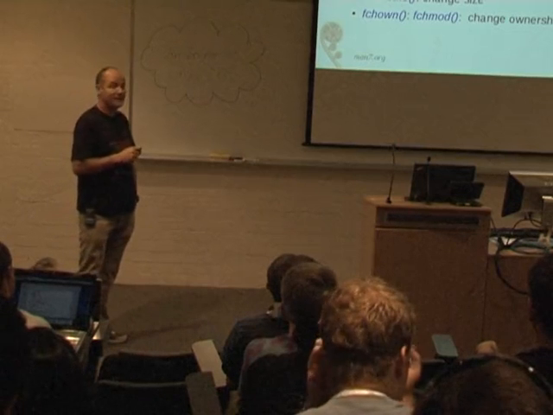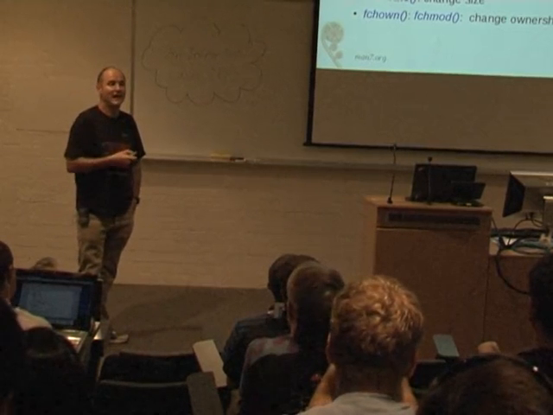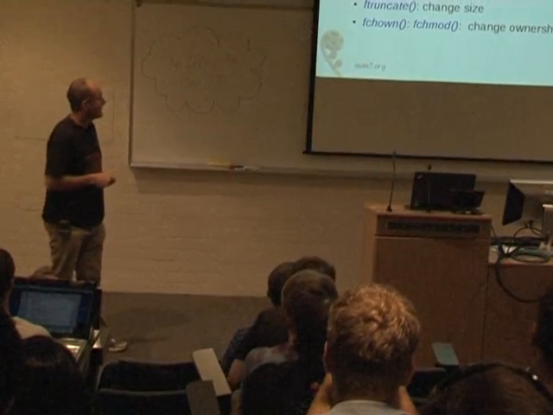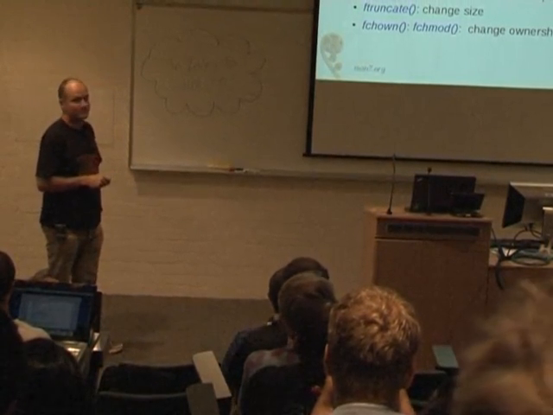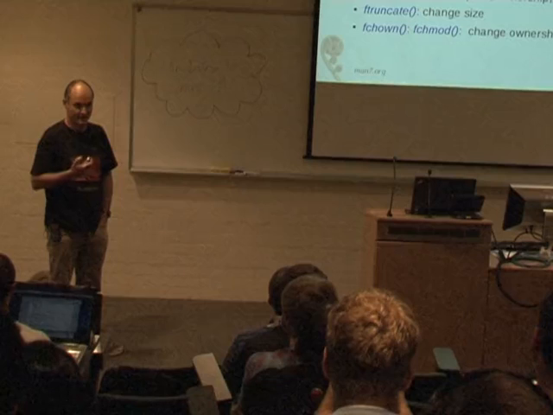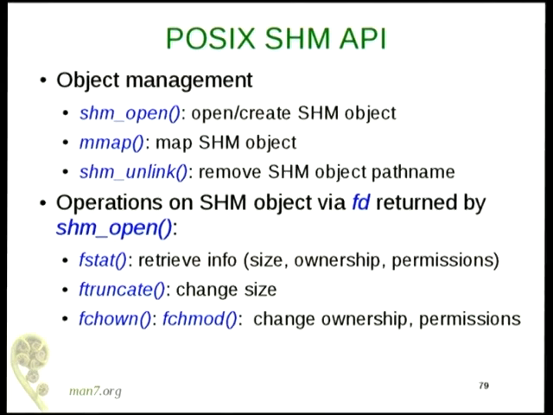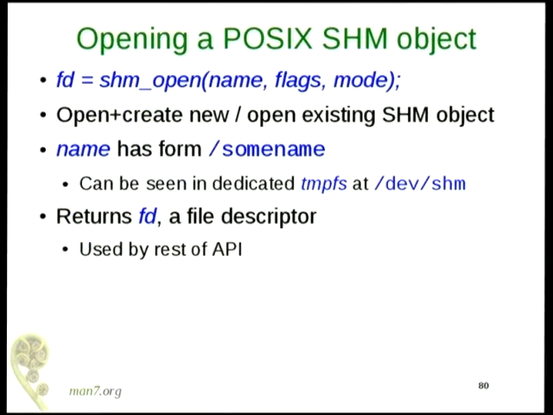ftruncate, again, you can apply it to this file descriptor to change the size of the mapping. And you can change the ownership and the permissions on a shared memory object as well. So, opening a shared memory object, you say shared memory open, name of the object, flags that control the open, and the permissions that are going to be placed on the object.